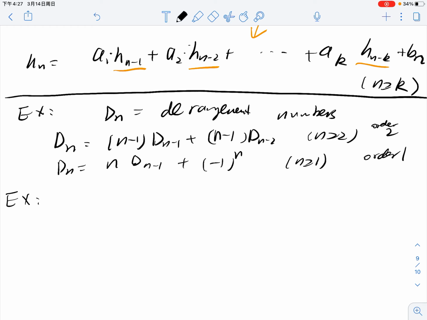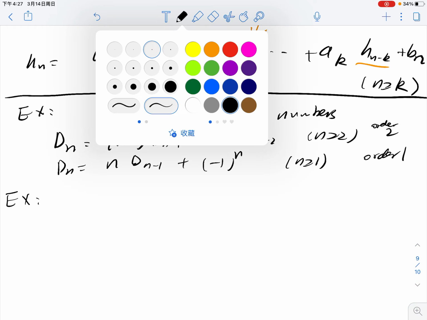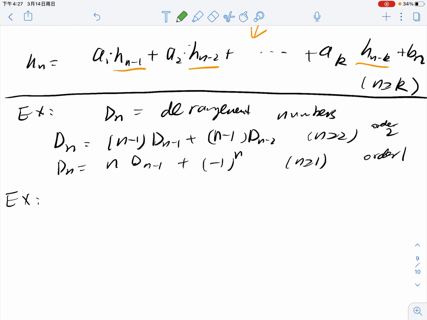You have a lot of fractions, so there is no closed formula like that of the Fibonacci sequence. The reason is that the coefficient is changing. It depends on the variable. That's why it's complicated.